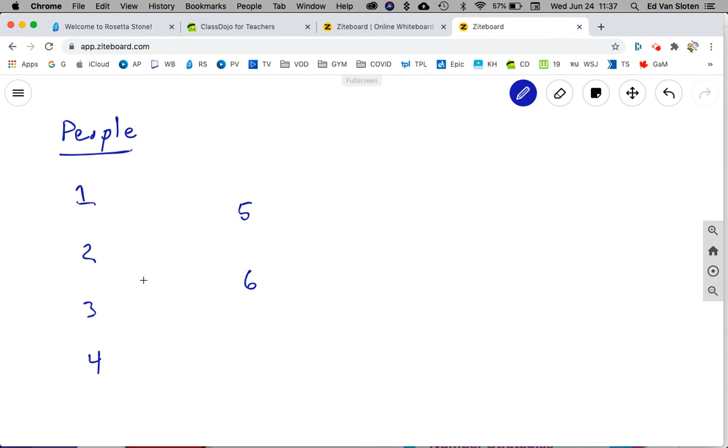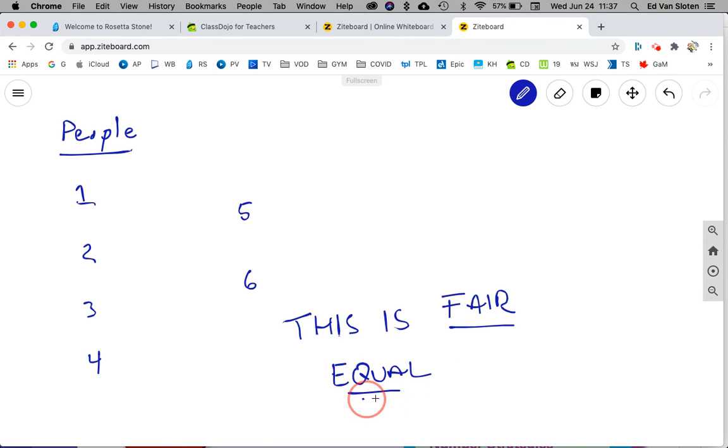Person 3, if you roll a 3, you get to go first. Person 4, if you roll a 4, you get to go first. Person 5, if you roll a 5, you get to go first. Person 6, if you roll a 6, you get to go first. This is fair. Everyone has an equal chance, okay? And that word equal is very important.